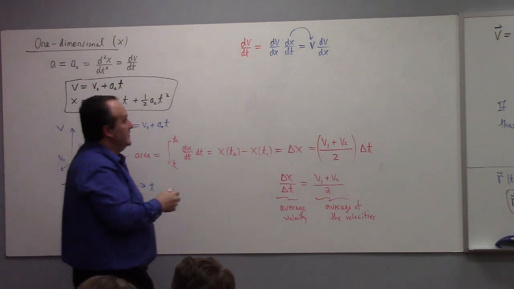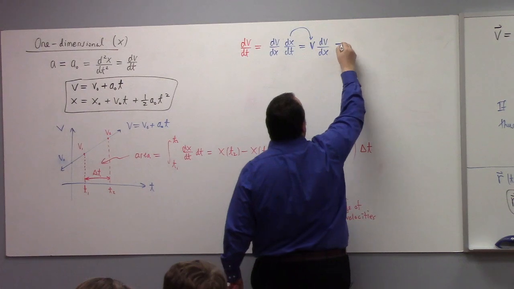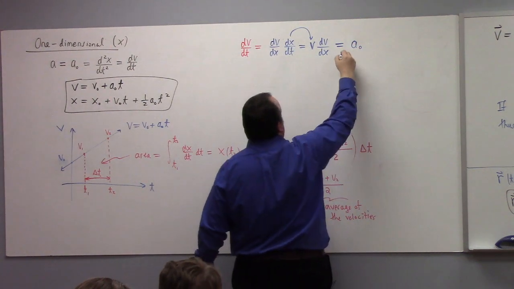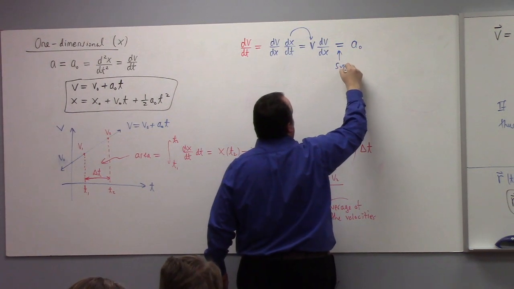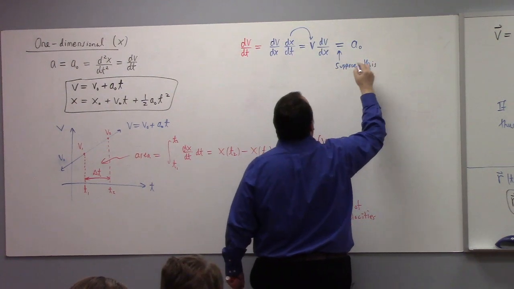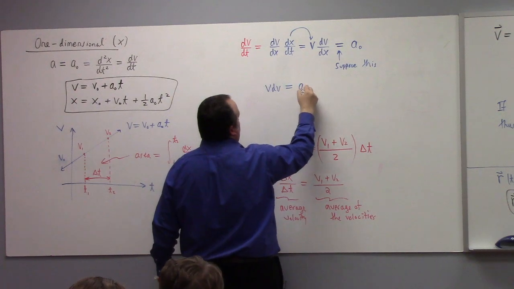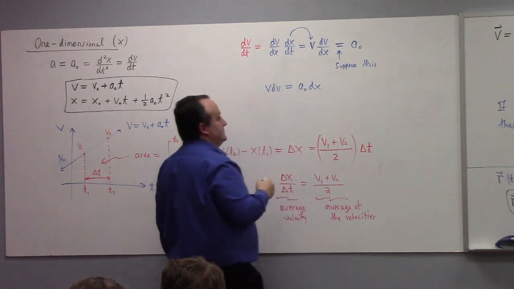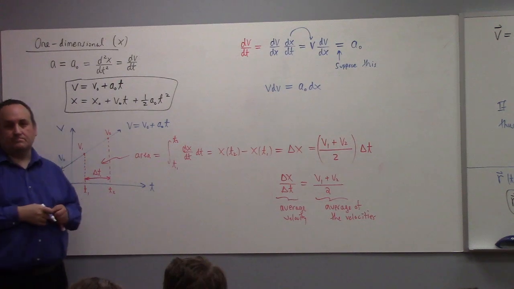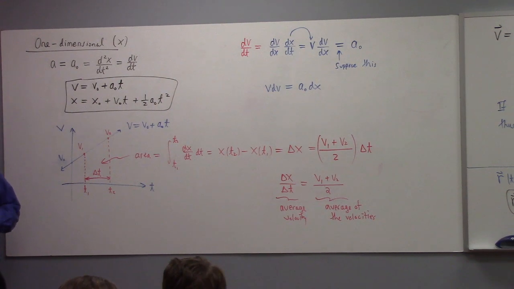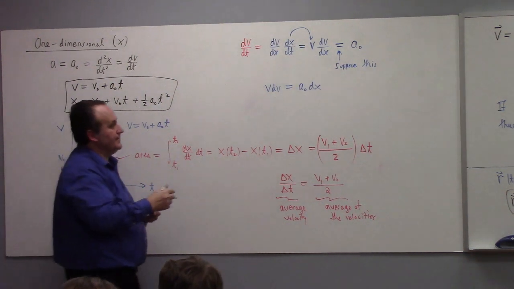This is super awesome if it's a constant acceleration, right? So suppose this. Because then we can do things like v dv is equal to a naught dx, right? And then we can separate variables and we can integrate.